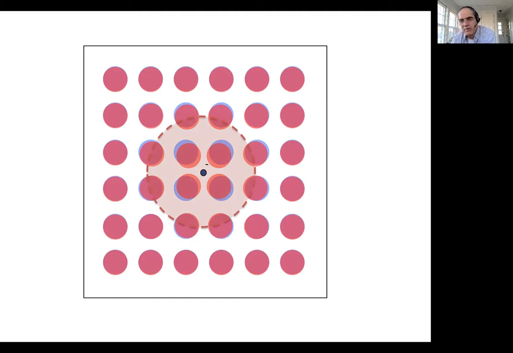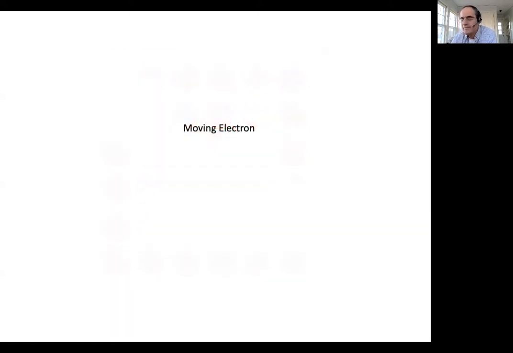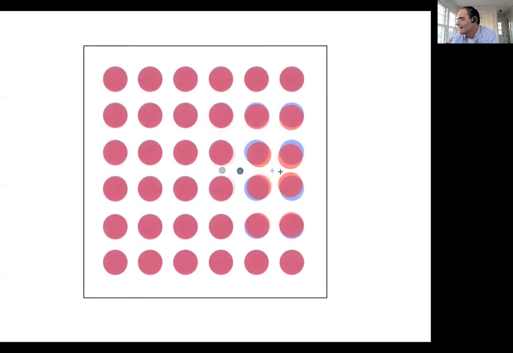But when the electron is moving, something interesting will happen. The electron is very light. It moves very fast. Imagine an electron at the Fermi energy. So it's moving with the Fermi velocity, very, very fast. On the other hand, the ions are heavy, and so they may lag behind the electron. The lattice distortion may lag behind the electron. Here's the picture, okay?